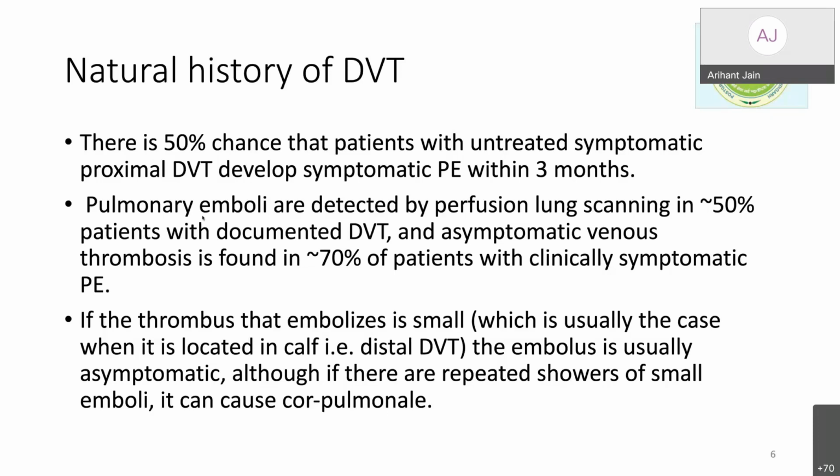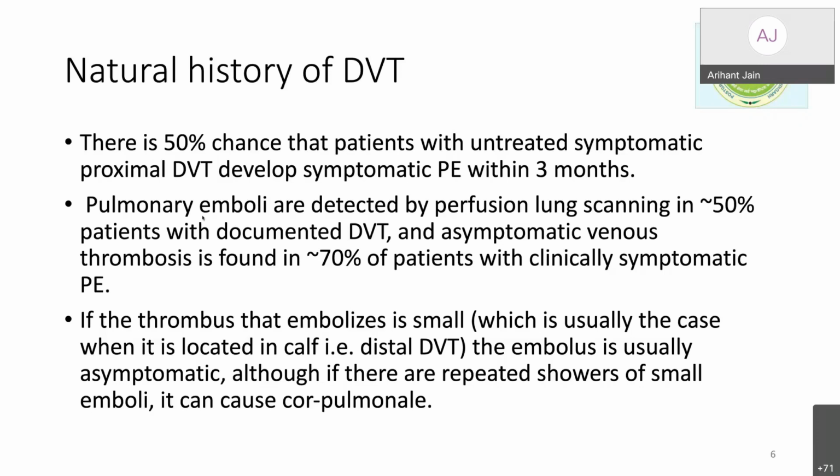A lot of times whenever we are requesting a CT pulmonary angio, the radiologist will ask whether you got a compression Doppler done or not. This is why, because almost 70% of the patients who have a pulmonary embolism will have evidence of DVT in the legs.